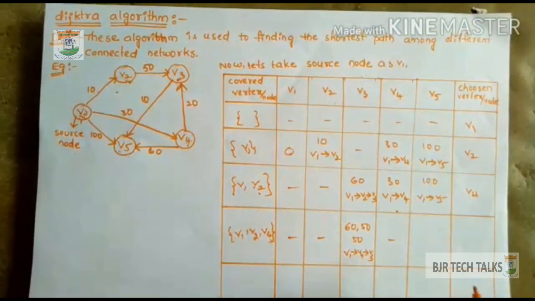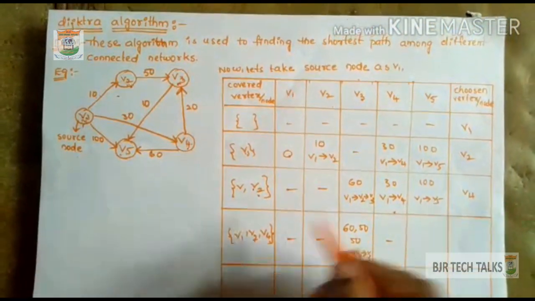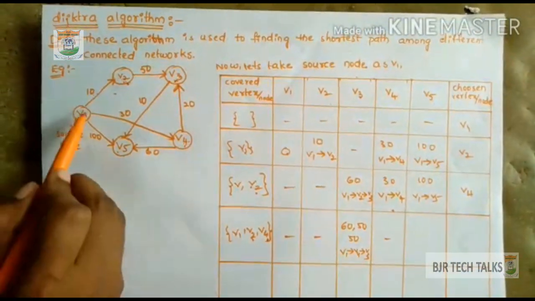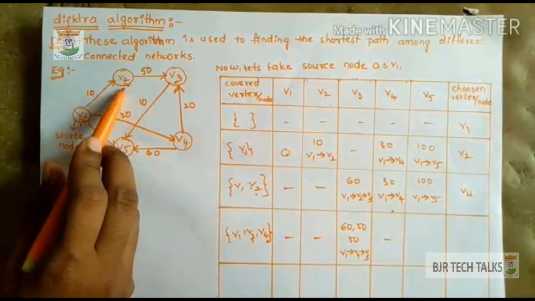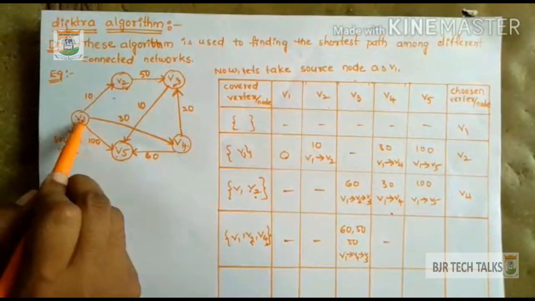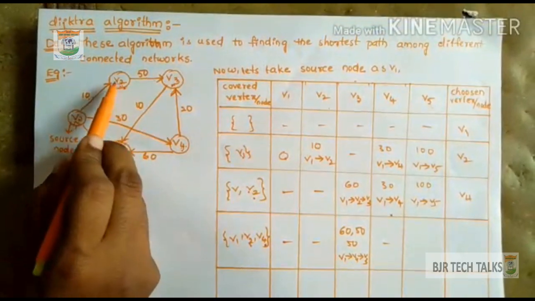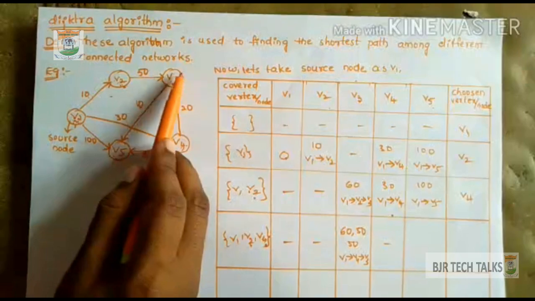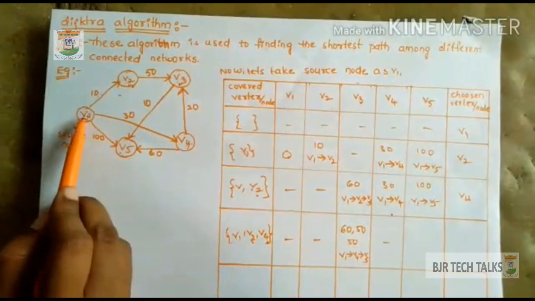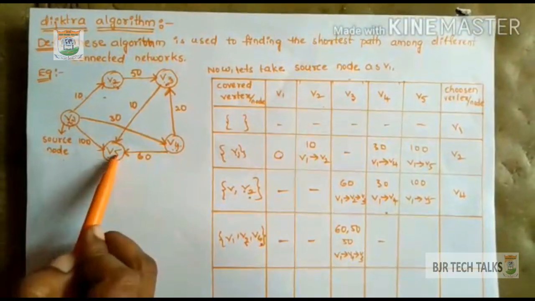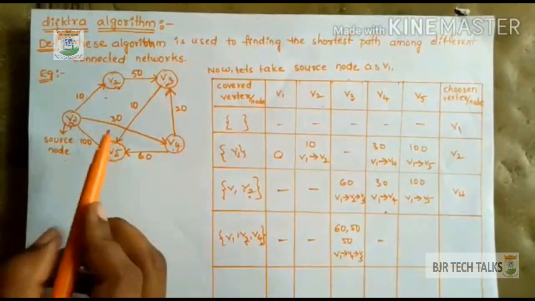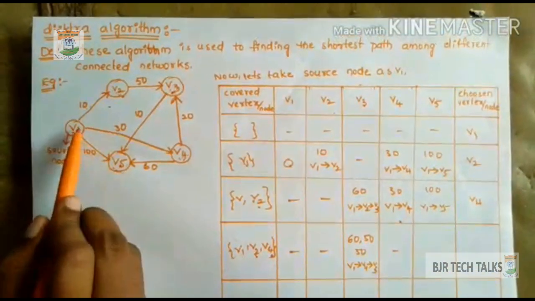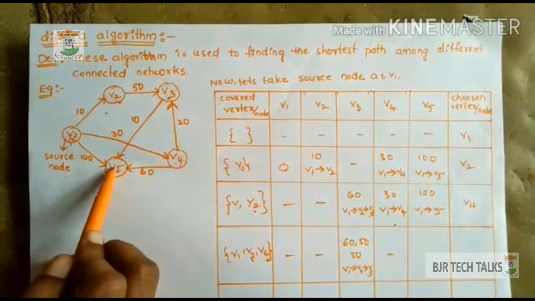The distance from V1 to V5 with the help of V2 and V4. There is a way V1 to V2, V2 to V3, V3 to V5, but V3 is not covered, so it is not taken. There is V1 to V4, V4 to V5, and also a way V1 to V5, but we take the least distance.